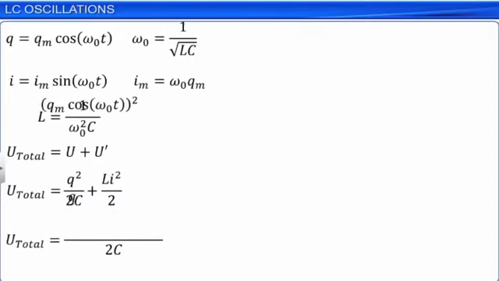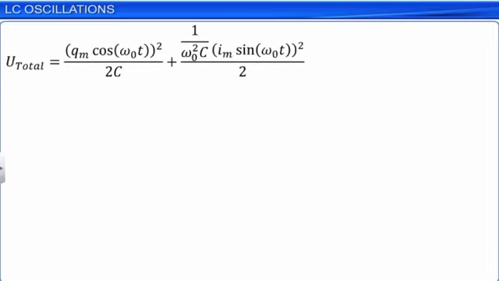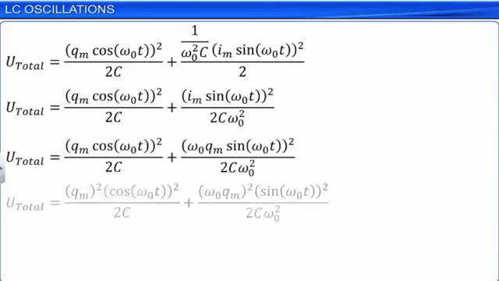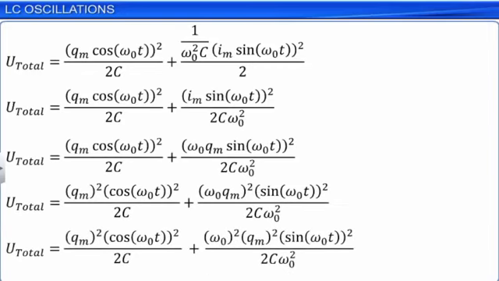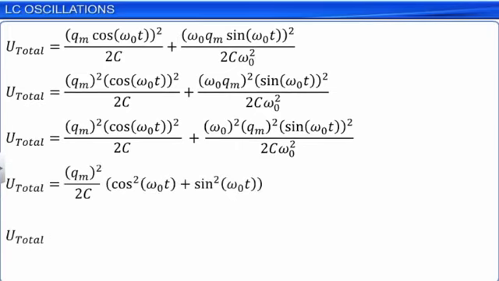Substituting the values of I and Q in this expression and simplifying, we get U total is equal to Qm square by 2C.